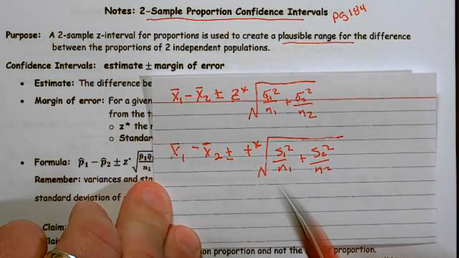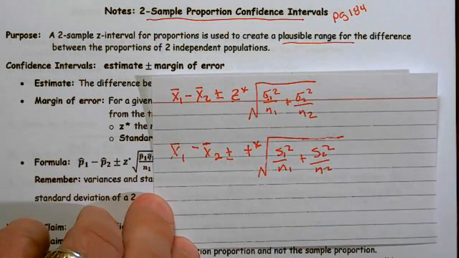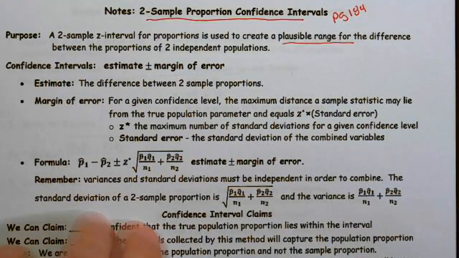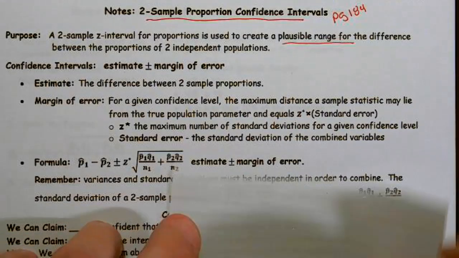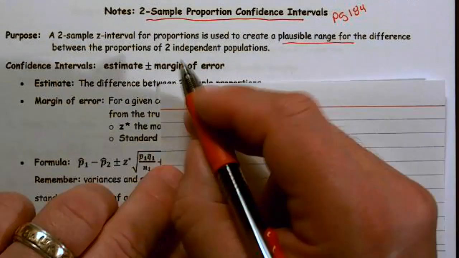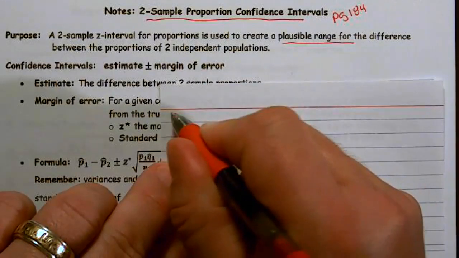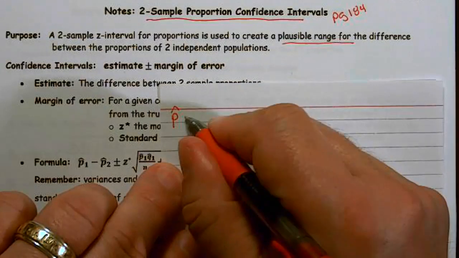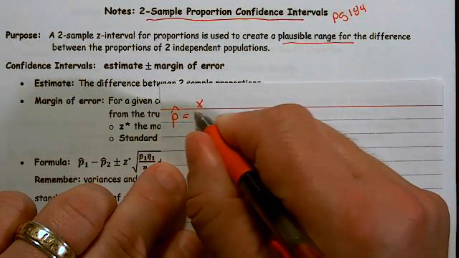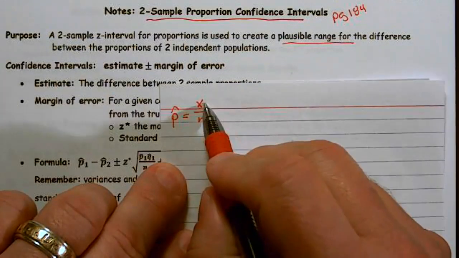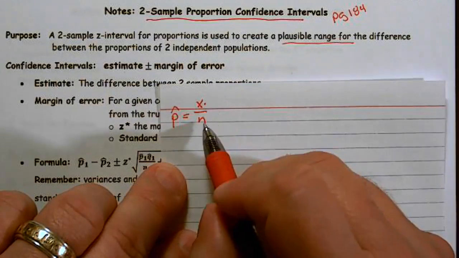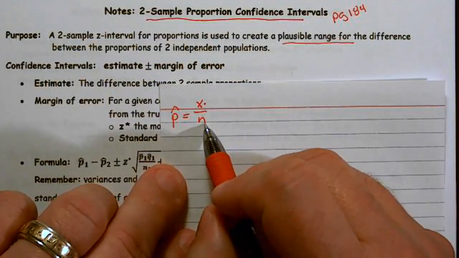But now we're working with proportions. So we need to go back and think about what we're doing with proportions. First off, I want to remind you that the sample proportion is P hat equals X over N, where X is the number of successes and N is the sample size.